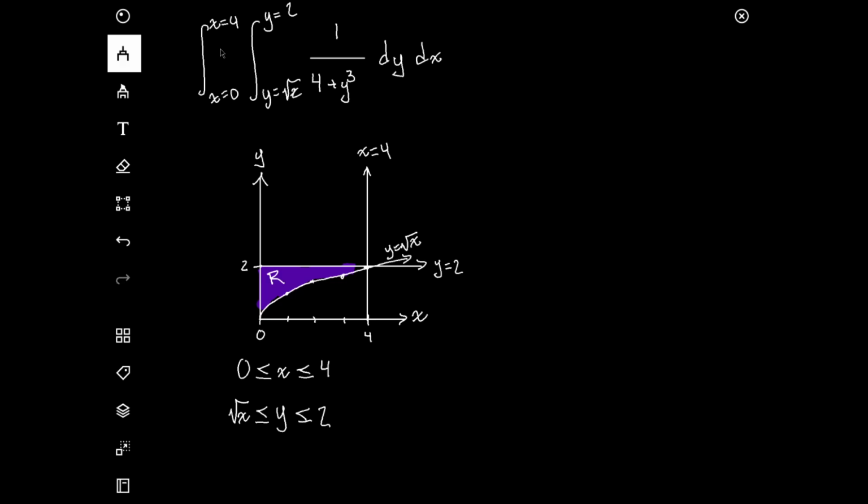Now, what does this three-dimensional function actually look like? Well, let's figure this out. Let's say that this is your x-axis, this is your y-axis, this is your z-axis.